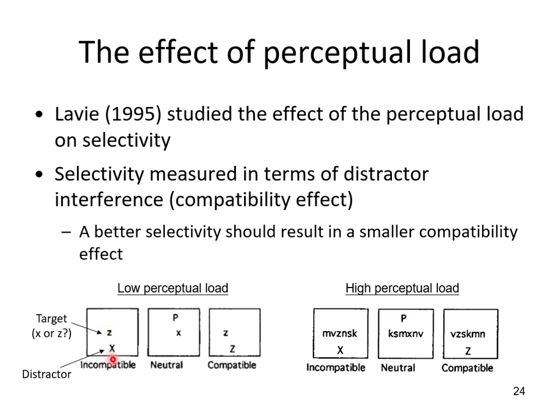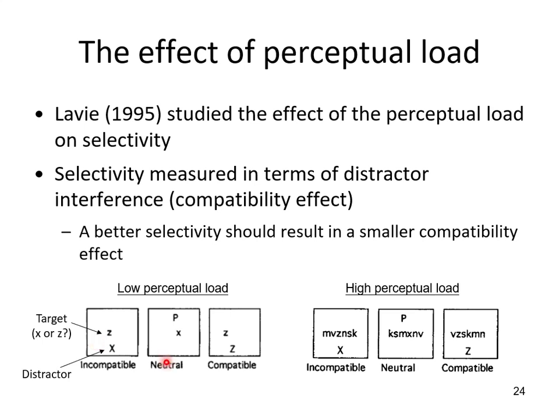Therefore, this distractor is incompatible to the target. If you ever process this distractor, it may lead to poor performance because you will be confused: should I say Z and press that key, or should I say X and press that key? That is actually a little bit distracting.